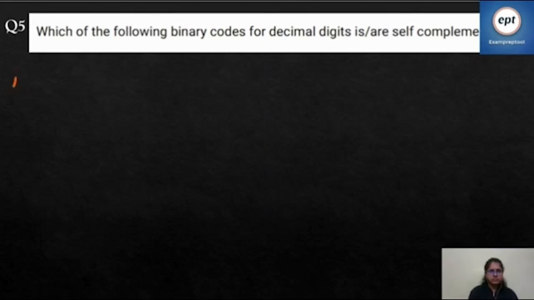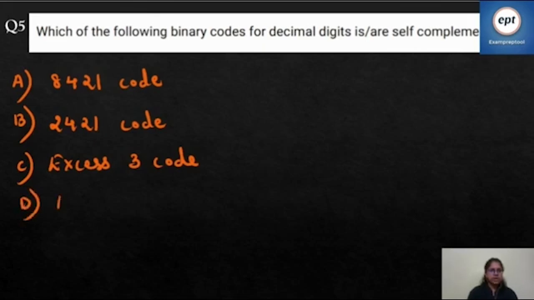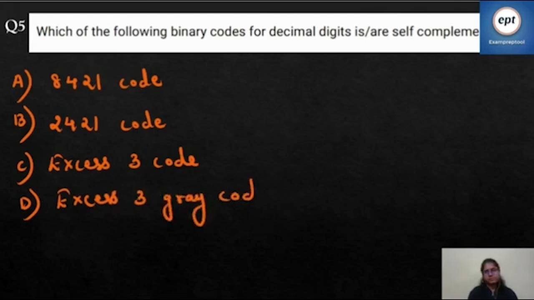Option A is 8421 code, option B is 2421 code, option C is excess 3 code, and option D is excess 3 gray code. So these are the options given to us.